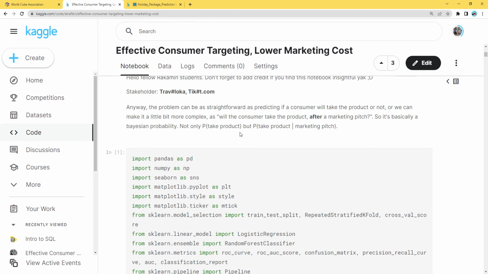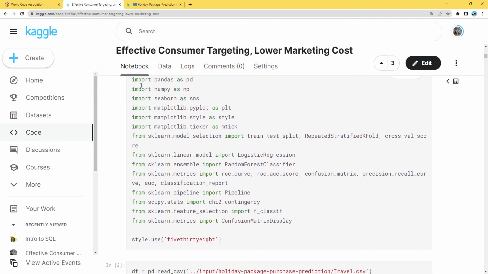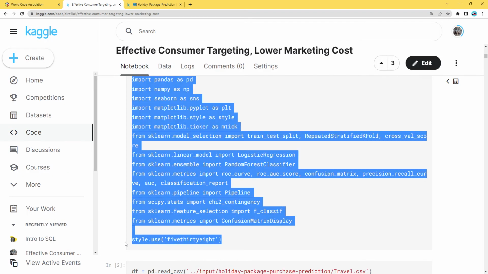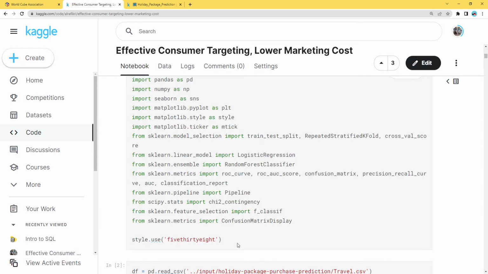It's not only will the consumer take the product, but will the consumer take the product after a marketing pitch. That is the basic environment. I changed the style because for this exploration, 38 is my favorite.